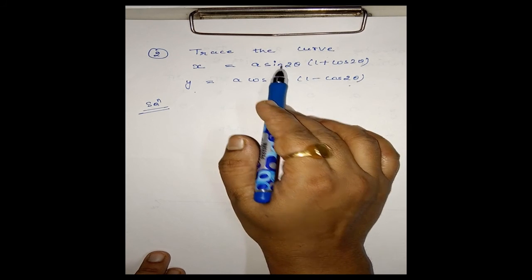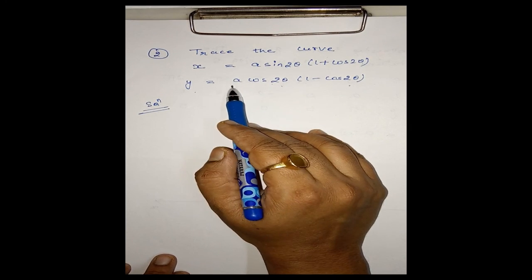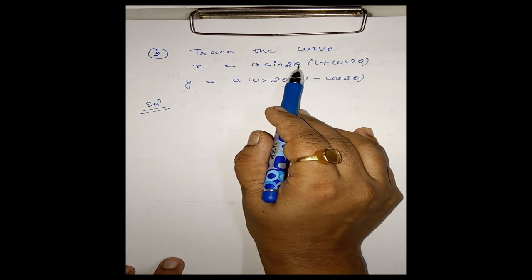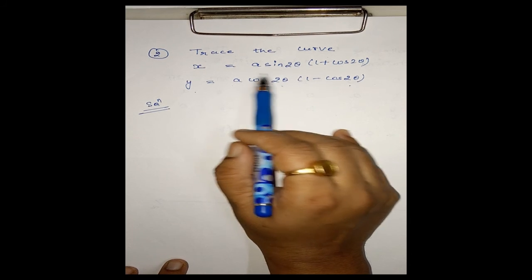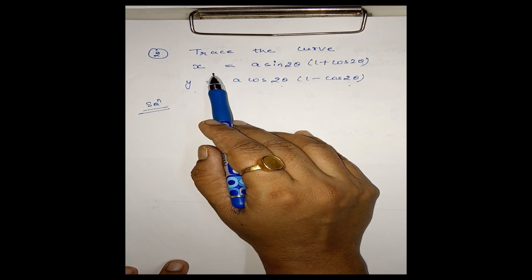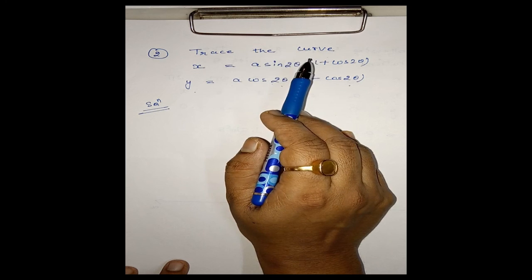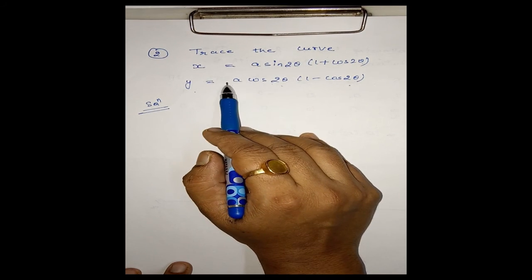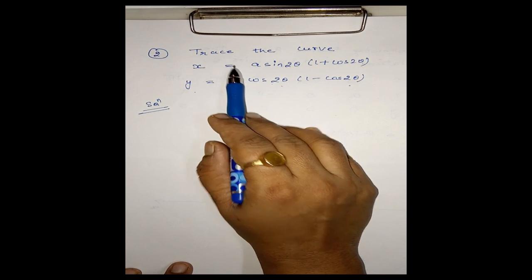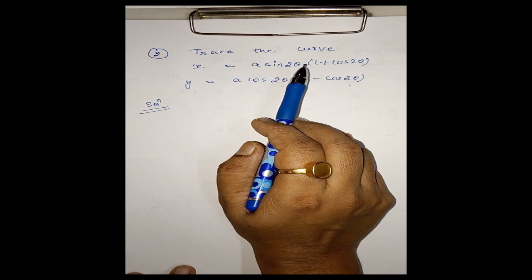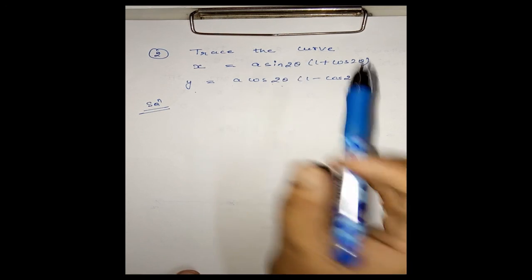Again I repeat, x and y are periodic functions of theta with pi as their period. That means in the intervals pi to 2 pi, 2 pi to 3 pi, 3 pi to 4 pi, values will be repeating. Therefore, we will consider the interval 0 to pi only.